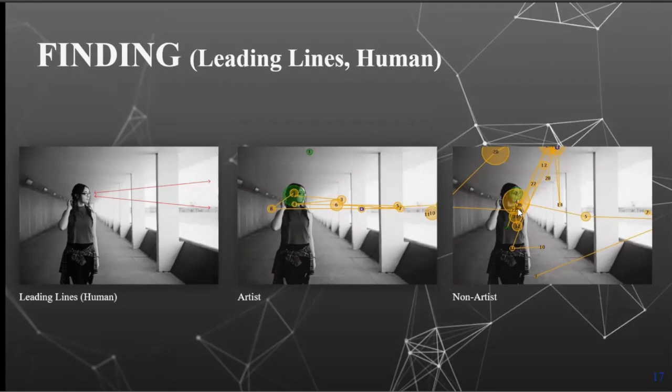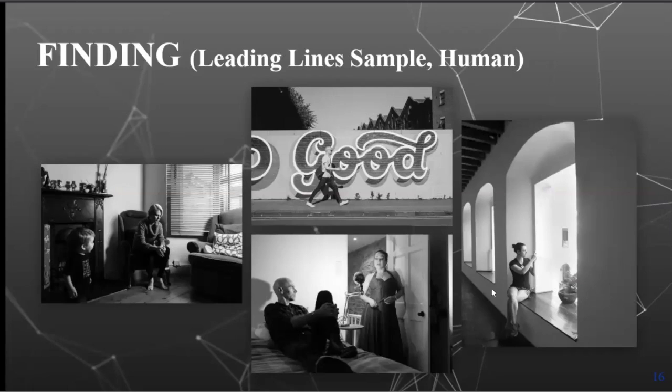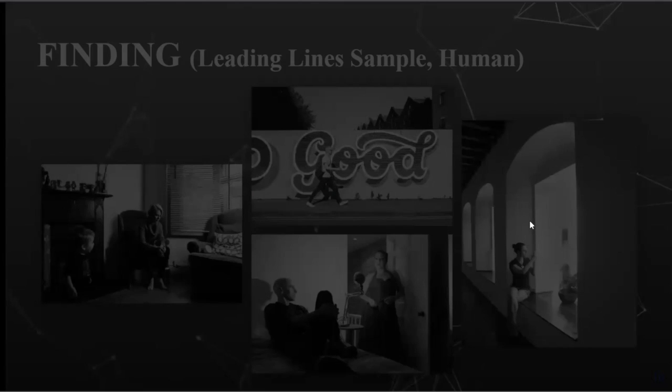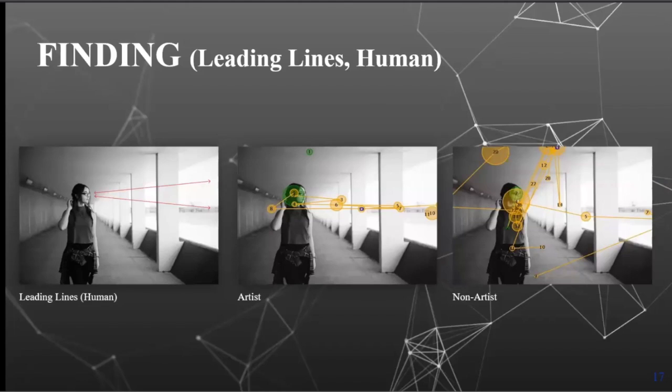These results are from the same person as before. As you can see in the non-human case, the non-artist didn't bother to look at the object. But when it comes to the human, the non-artist tries to make a connection between outside and inside. So I think this is one of the effects that we noticed: if a human looks at a human inside any frame, they feel more connected than with an object.